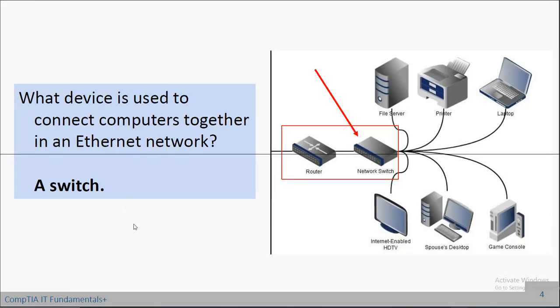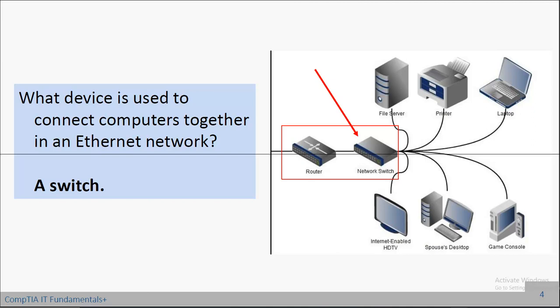So what device is used to connect computers together in an Ethernet network? And the answer is a switch. So in this layout over here, we have a router and then a switch. So the router connects to the switch, and then the switch is where you connect those devices.